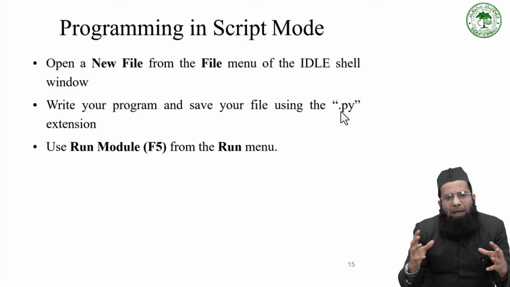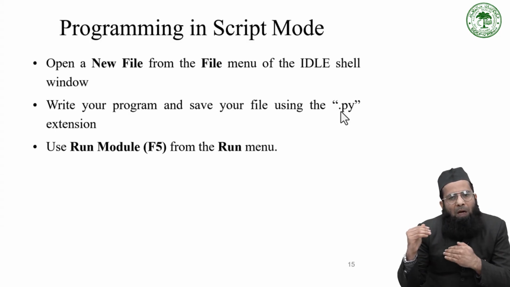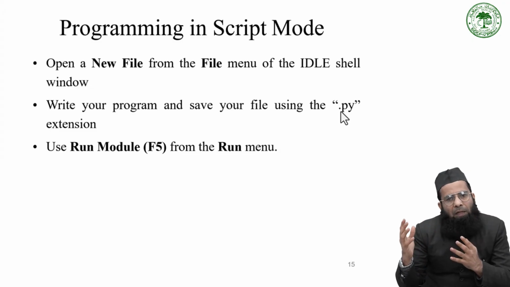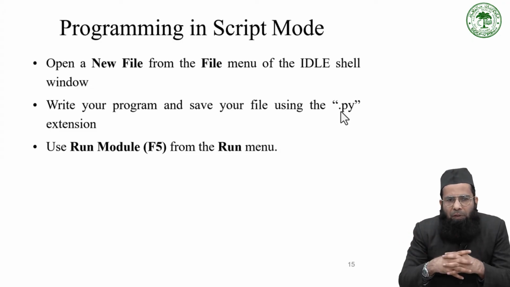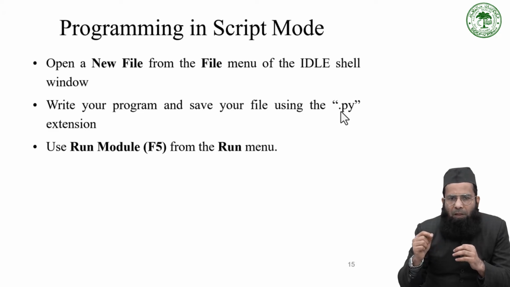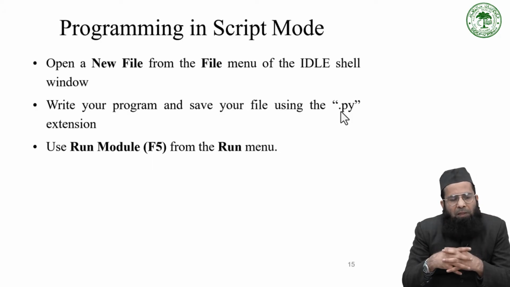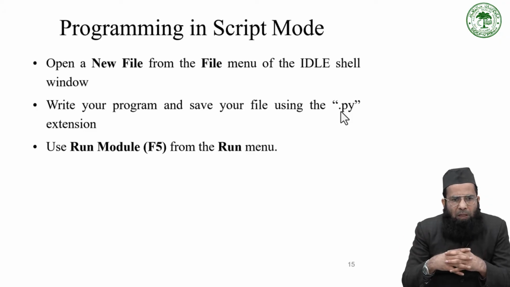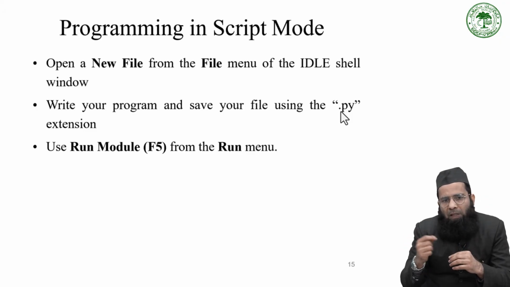Even if you are using IDLE, you can write a program into a separate file. Just go to New File from the File menu of the IDLE shell window, and you will get this option. Write your program and save your file using .py. I have already told you the extension of a Python file is .py. Use Run Module, F5, from the Run menu.